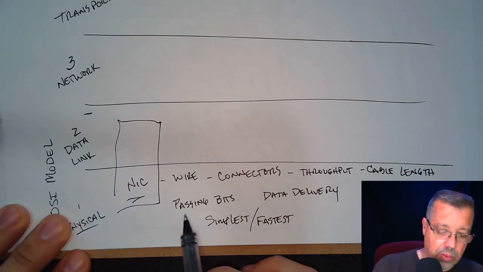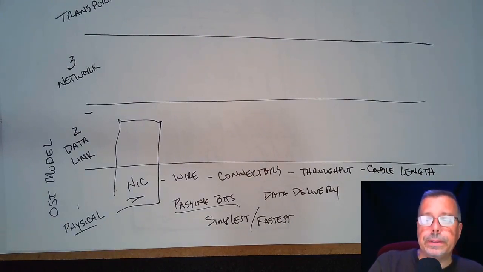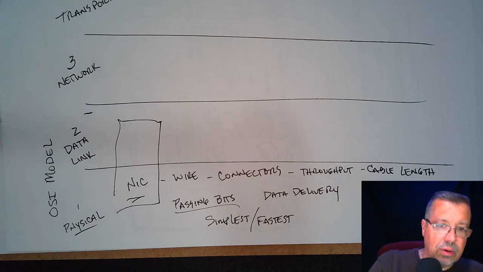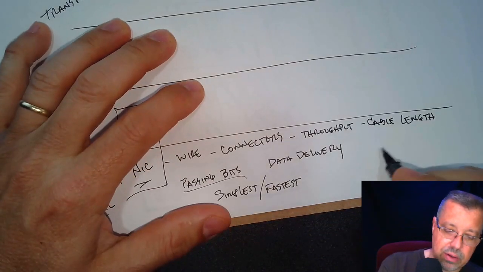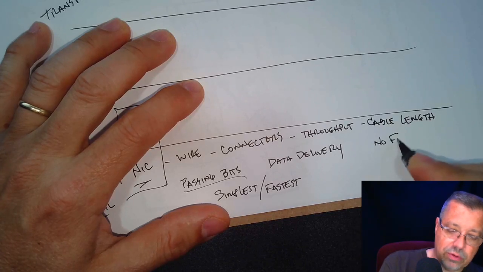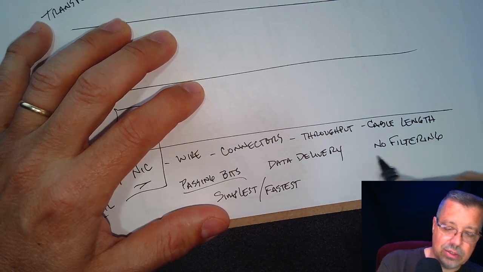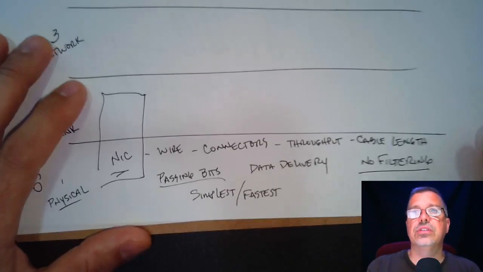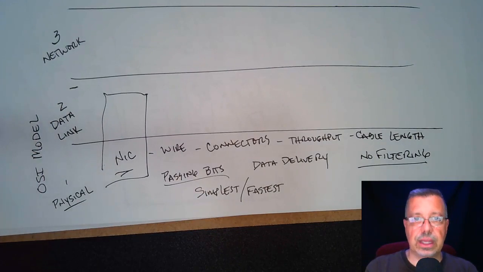One more thing about passing bits before we go on: at the physical layer, there's no filtering. It doesn't make any decisions about data delivery, and it doesn't examine packets to see if there are errors.